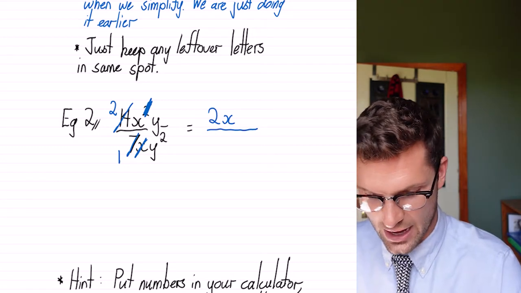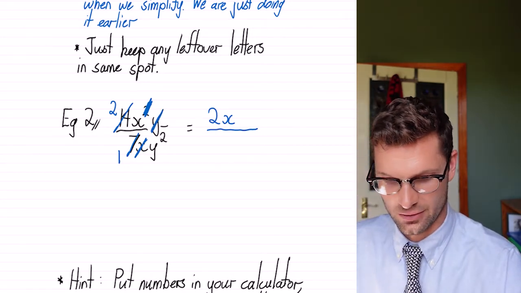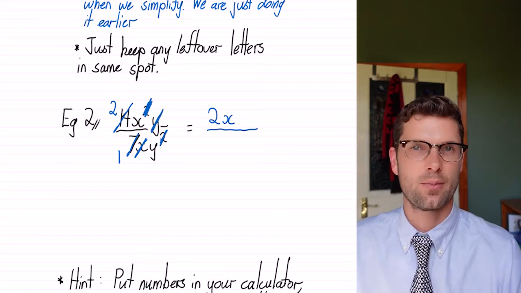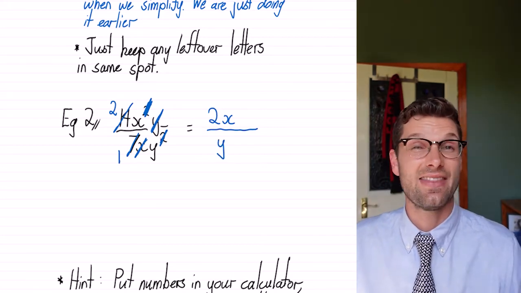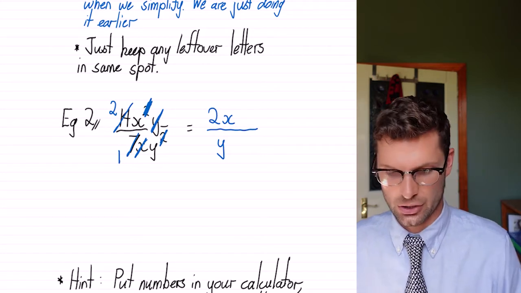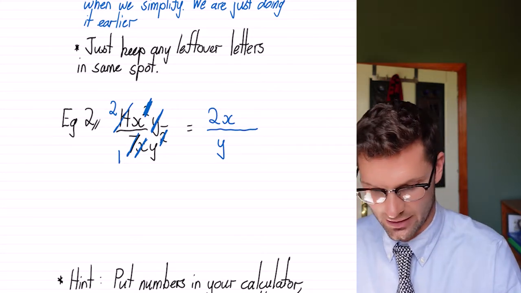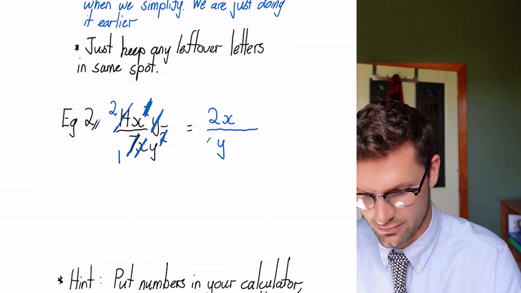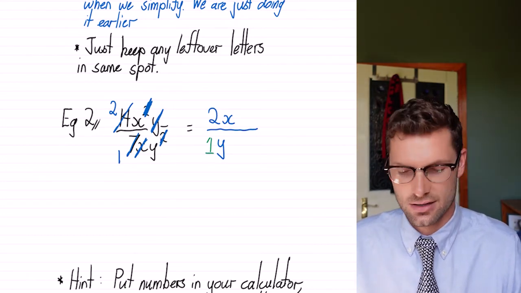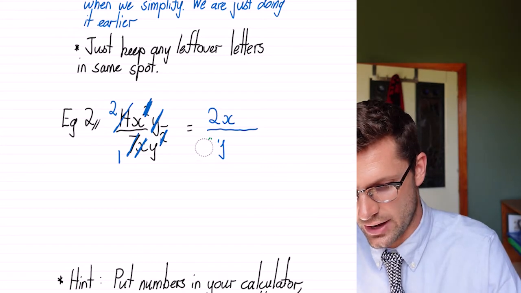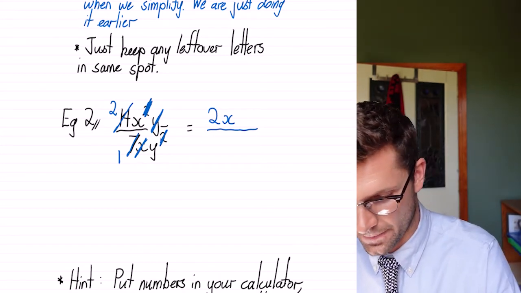Then this last y battles the y down the bottom, gets rid of one of them, but there's 1 y left over, so that's going to hang out there. And that is your final answer. That's all you've got to do. If you leave the 1 in there, that's not incorrect, but it's just mathematical standard to leave it as 2x over y.